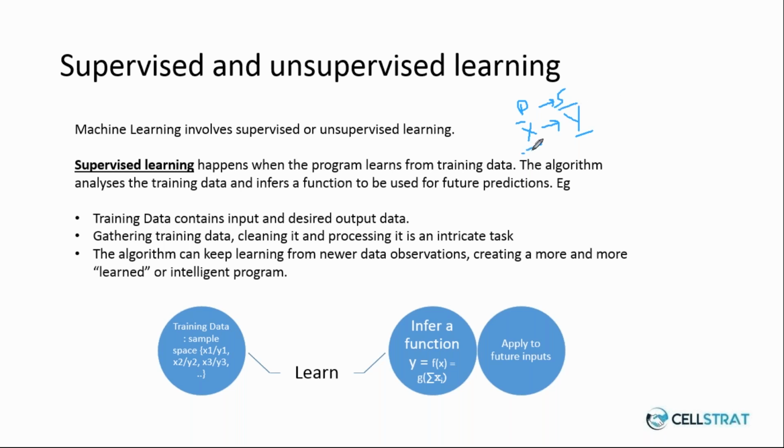So X is the input factors, Y is the output for that X. That's why this is called supervised learning, because for every X as input, I have the corresponding Y output label provided to me from historical data. It's supervised in that sense. Somebody is helping us by providing us the output label Y.